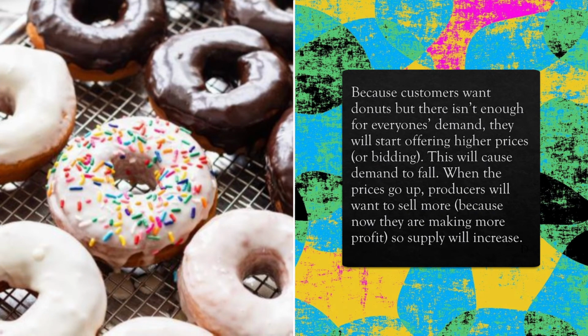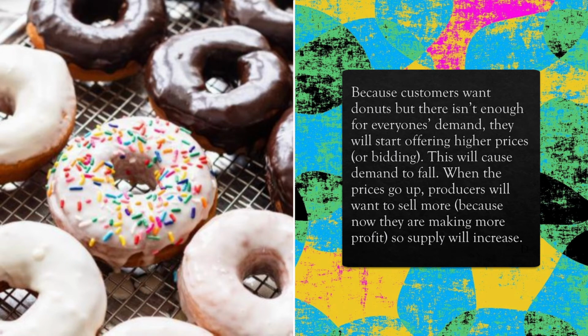As a consumer, because there aren't enough donuts, some of us would be willing and able to pay a higher price. So we would start bidding up the price. We call this bidding because we are offering a higher price than what is currently the market price. This will cause demand to fall because some people can't afford that higher price.